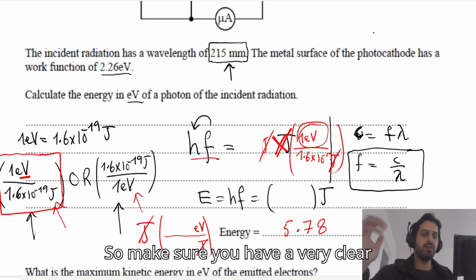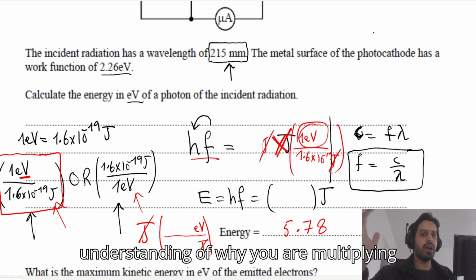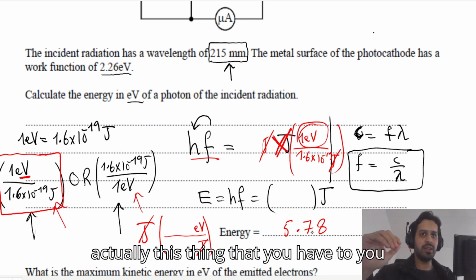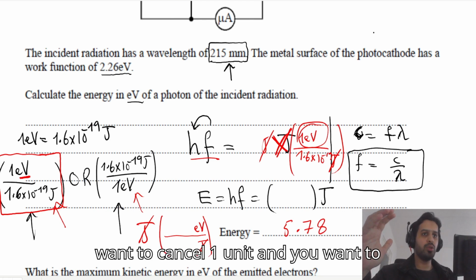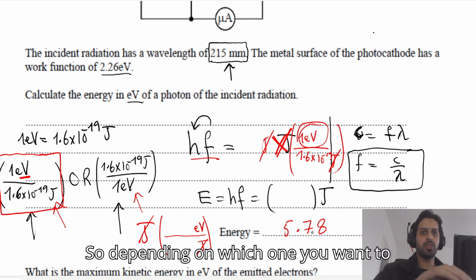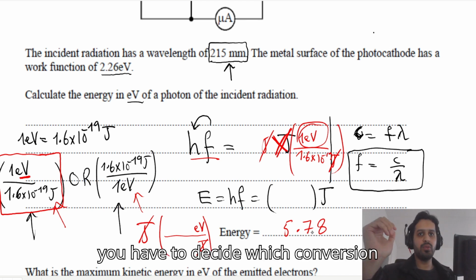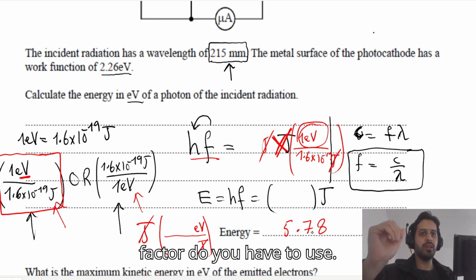So make sure you have a very clear understanding of why you are multiplying or dividing by a certain number. It is actually this thing that you want to cancel one unit and you want to keep the other one, right? So depending on which one you want to cancel and which one you want to keep, you have to decide which conversion factor you have to use.